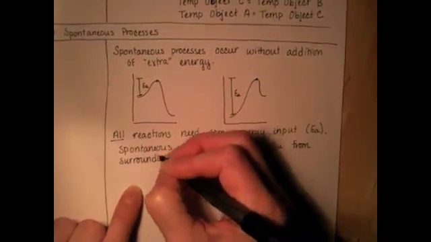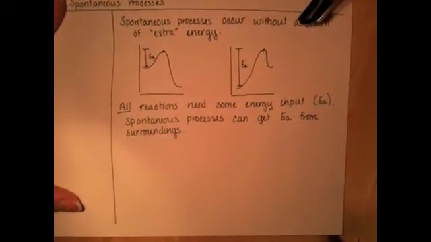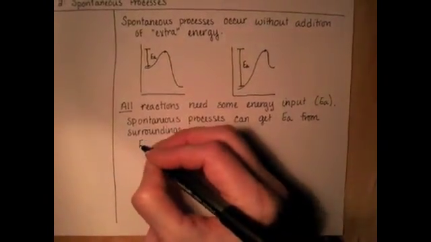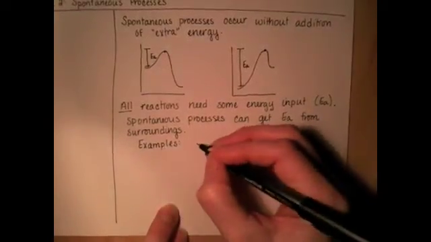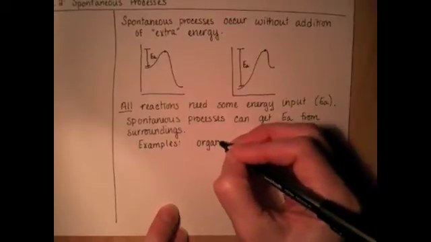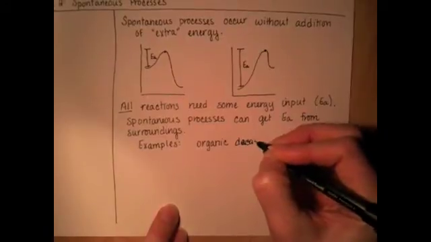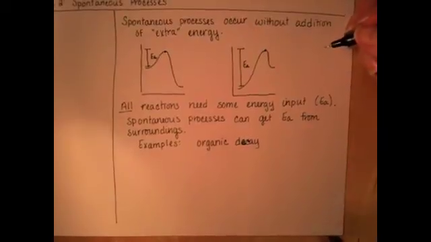So spontaneous processes are things that are just going to happen whether or not we initiate them. They're just going to go on their own. So for example, several examples of spontaneous processes: organic decay, which is a fancy way of saying rotting, whether you have rotting fruit or vegetables, or a tree that has died and fallen down and is rotting, or decomposing bodies of some sort or whatever.